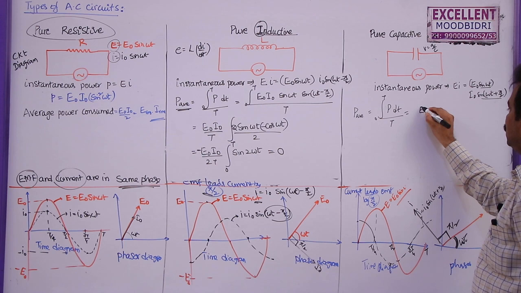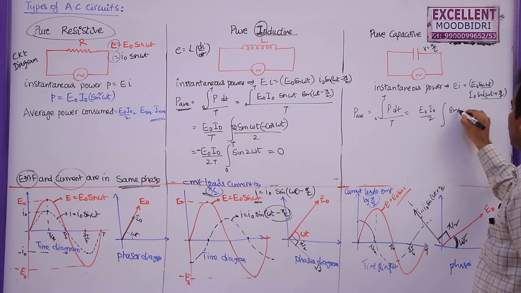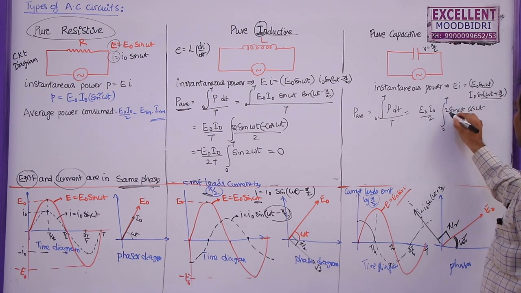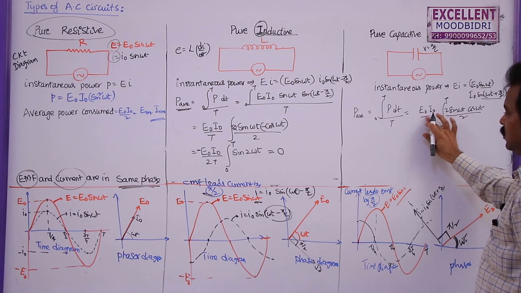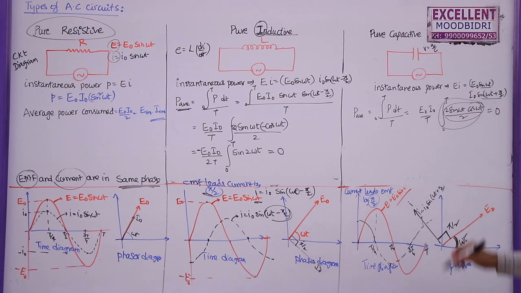So this is E naught I naught by 2 integral of sine omega t into cos omega t from 0 to T. Multiply 2 and 2 here. Now you can write this as T. This is once again sine 2 omega t, whose value is 0. The power consumed for a complete cycle of AC for a pure capacitor circuit is also 0.